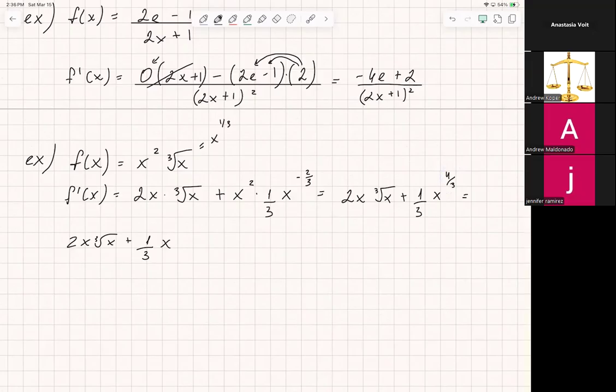That's the same thing as x cube root of x, right? And so now these are like terms, so we can combine them. So we have 2 plus 1 over 3. That's going to be 7 over 3 x cube root of x. Or you can write it as 7 over 3 x to the power of 4 over 3. Doesn't really matter. The same thing.